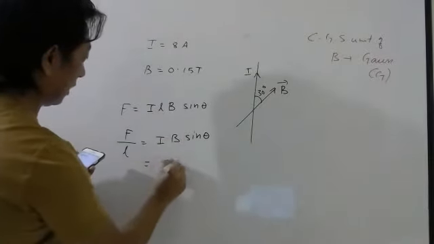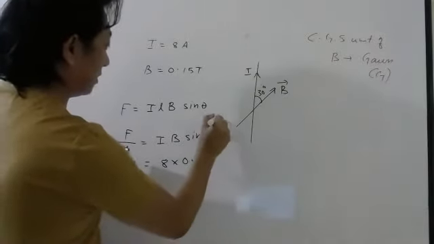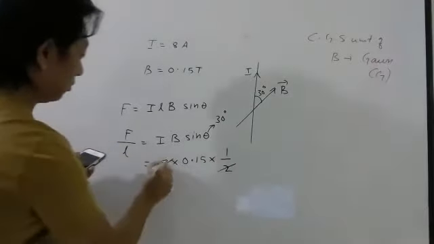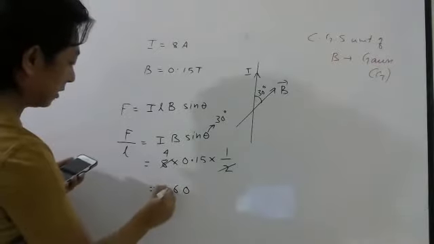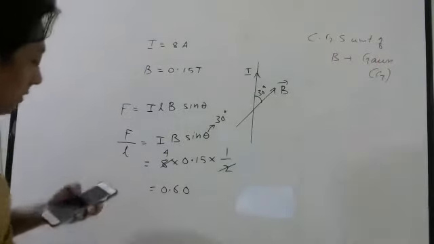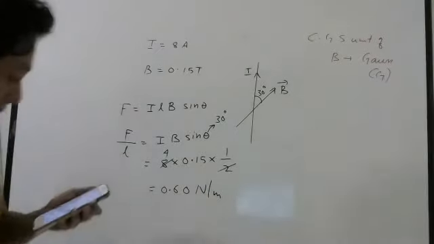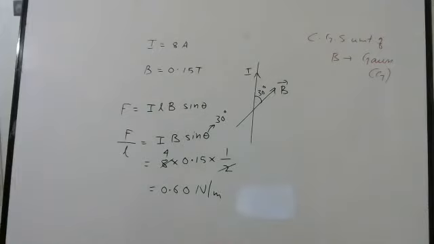So current is 8, magnetic field is 0.15. Again, theta is 30 degree, so sine 30 degree will be half. 2 4s are 8, 4 5s are 20, 0 2 carry 6. So 0.6. Unit will be what? Newton per meter. 0.6 Newton per meter.